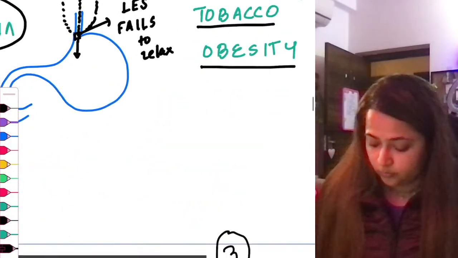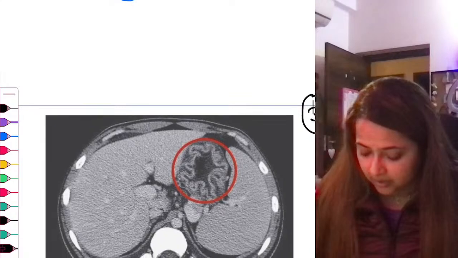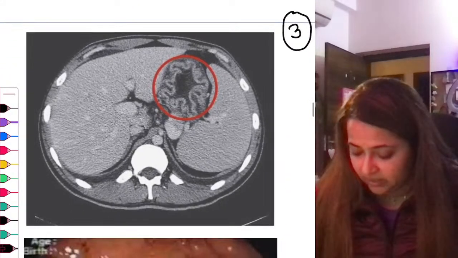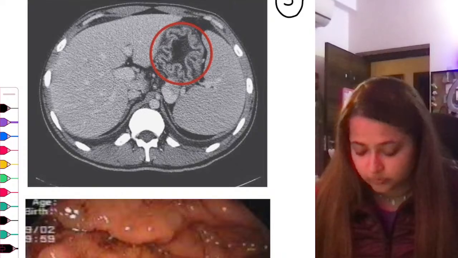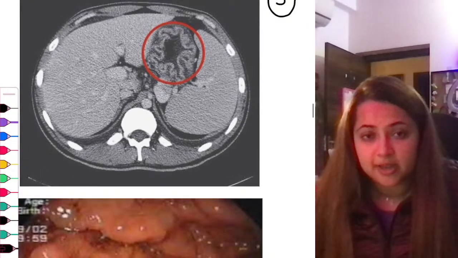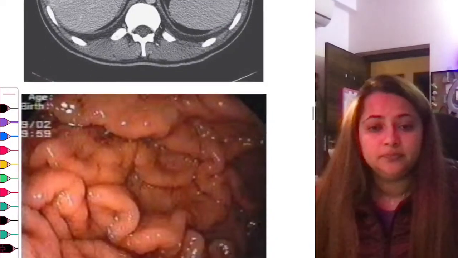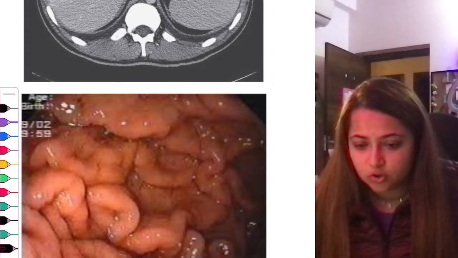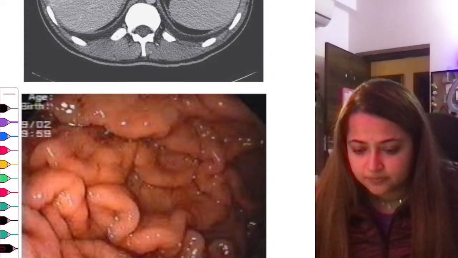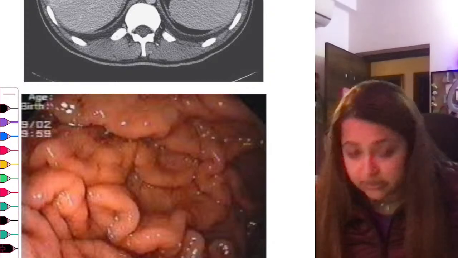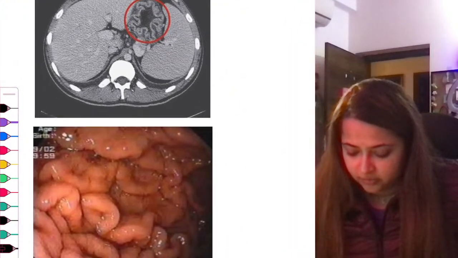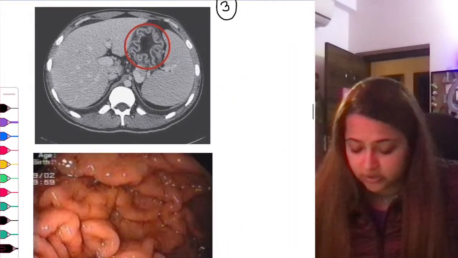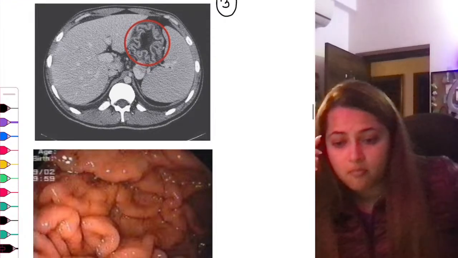All right. Moving on to the next high yield topic. You might have seen this picture in the past few years. They have asked about it. This is a CT scan picture, and this is an endoscopic picture. Looking at these pictures, can you tell me what condition it is? I'll minimize it so that you can view both pictures together.